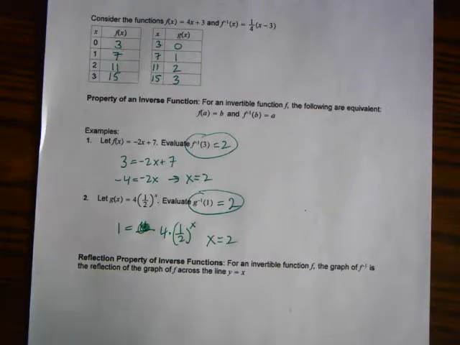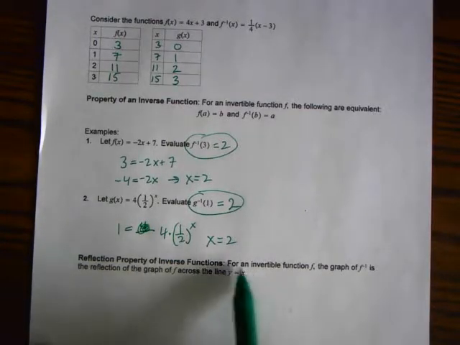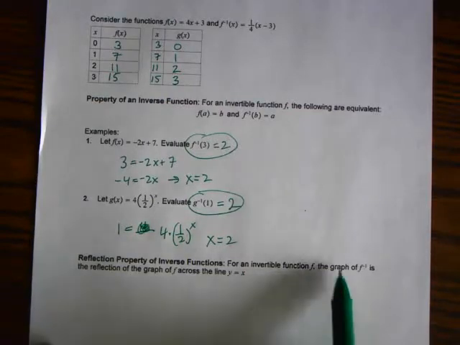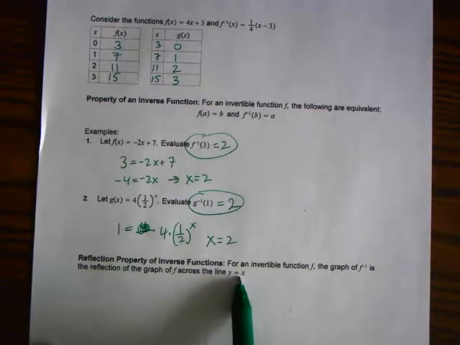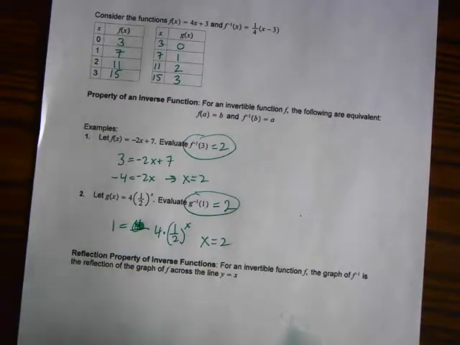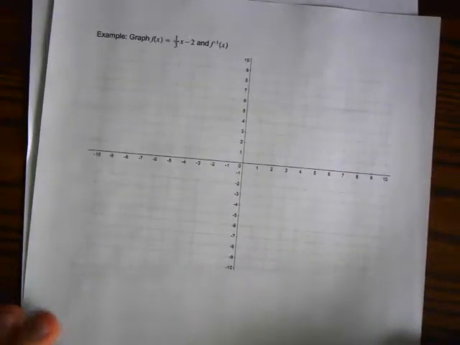All right, the last thing for part one of this video is the reflection property. For an invertible function f, the graph of f inverse is the reflection across the line y equals x. What does that mean? Well, let's look at a graph. Here's my function. I'm going to graph f of x.